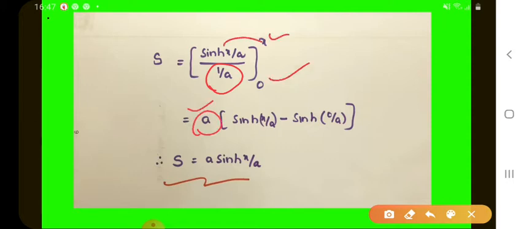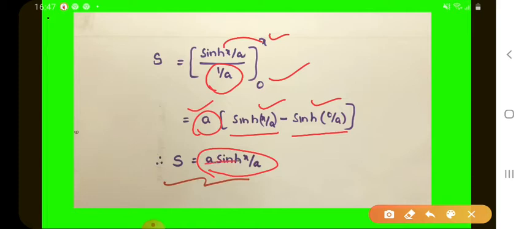First I put x, so sin hx by a, minus, putting 0 in place of x, sin h 0 by a. What is sin h 0? Sin h 0 is 0, so the value is a sin hx by a. This is the length of the given catenary y equals a cos hx by a.